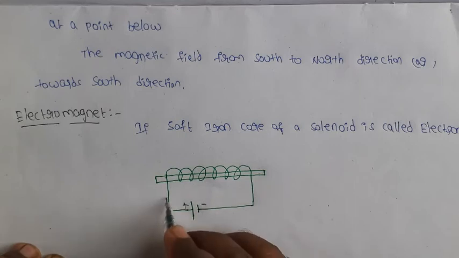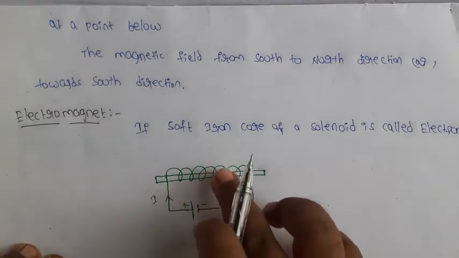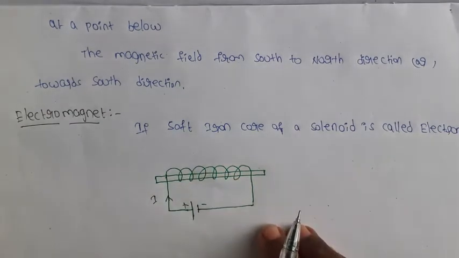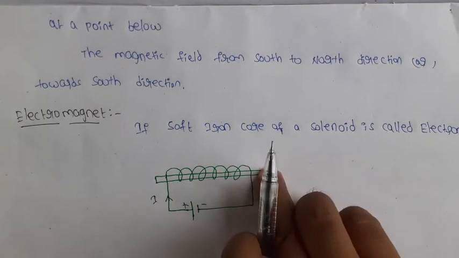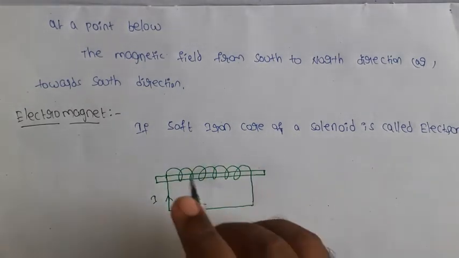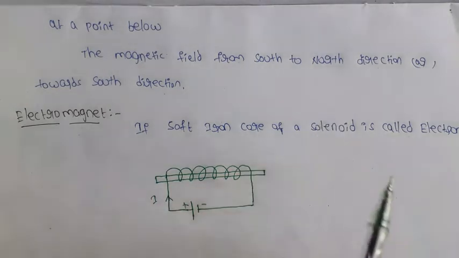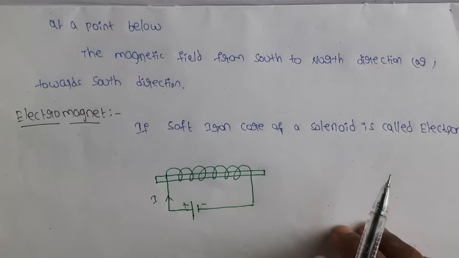Then what happens? The current I flows into the solenoid. In that situation, it produces a magnetic field. That is a strong magnetic field, because this is a magnet. The solenoid is also a magnet. When these two magnets are combined, it produces a powerful magnetic field.